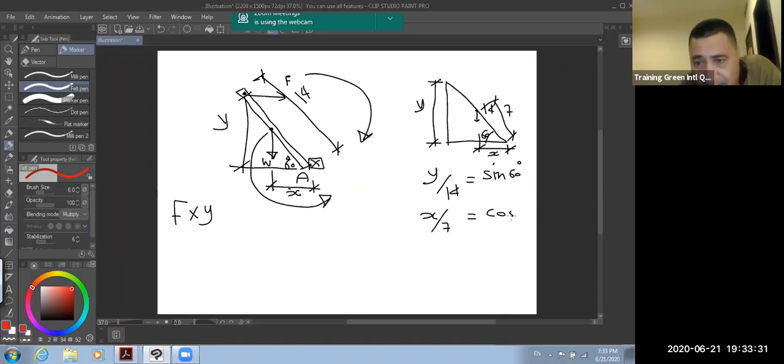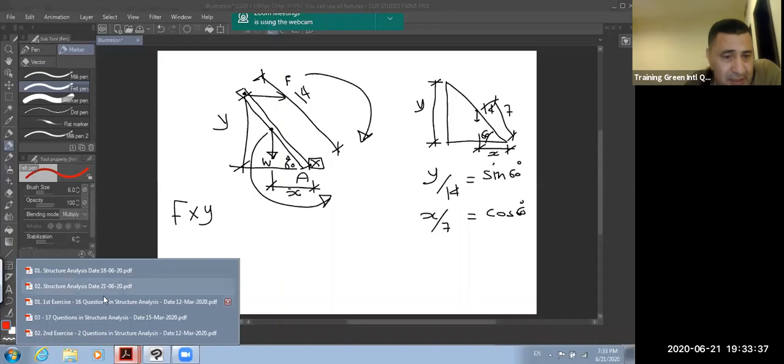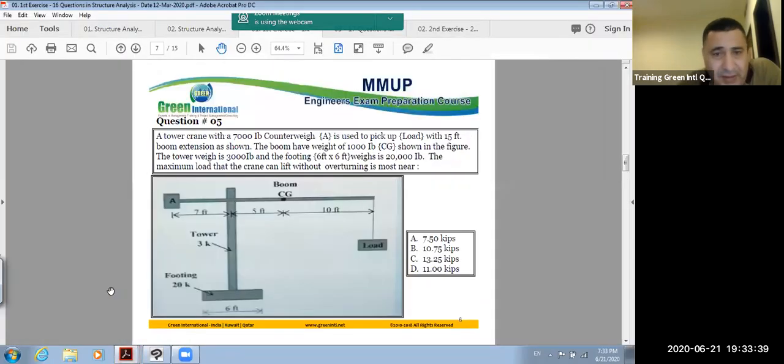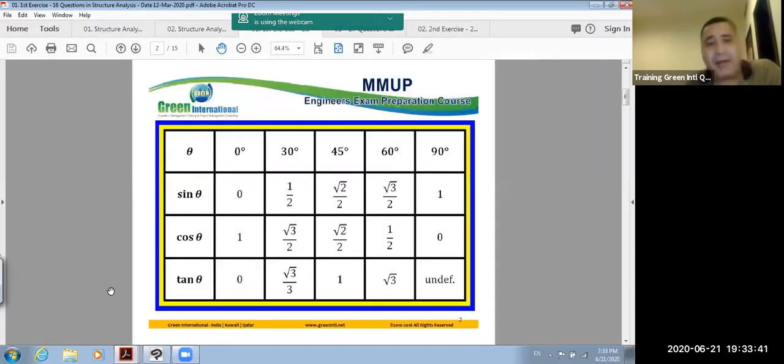Cosine 60. You remember when I gave you this figure, see guys? Here, sine 60, sine 45, sine 90, sine 30, I gave it to you. Why? Try to memorize these ones.